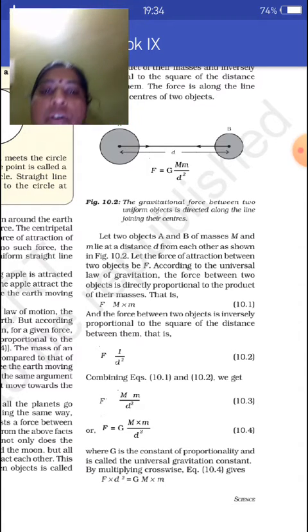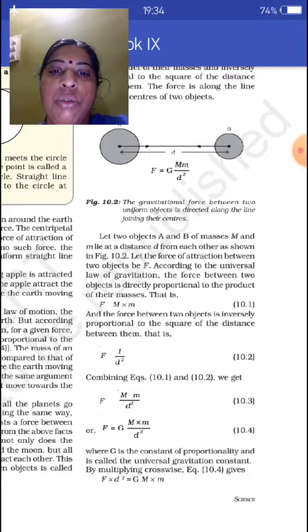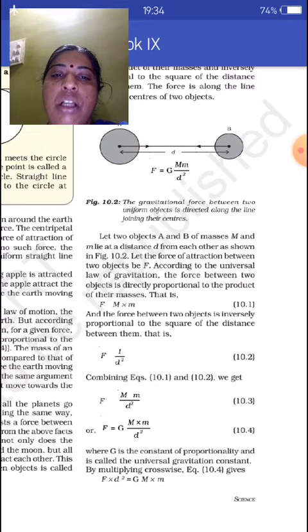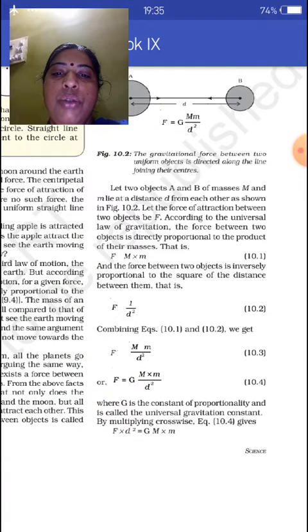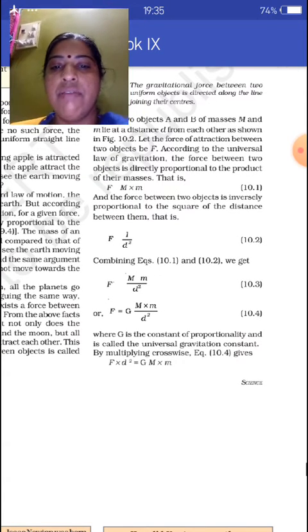Let the force of attraction between the two objects be F. According to the universal law of gravitation, the force between two objects is directly proportional to the product of their masses, that is F is proportional to M into m, and the force between two objects is inversely proportional to the square of the distance between them, that is F is proportional to 1 upon d square.